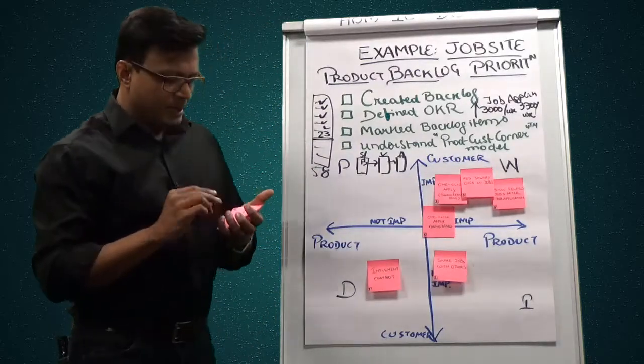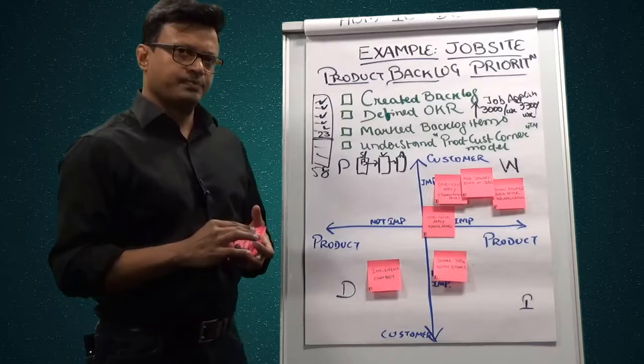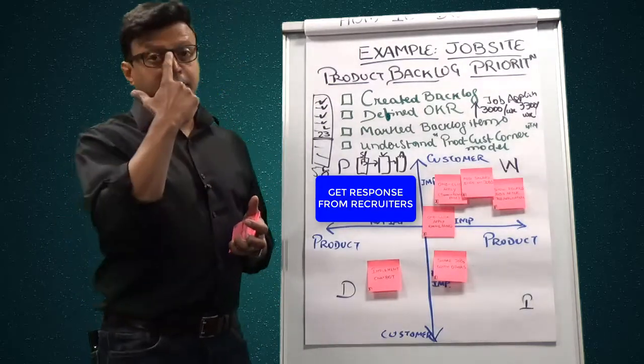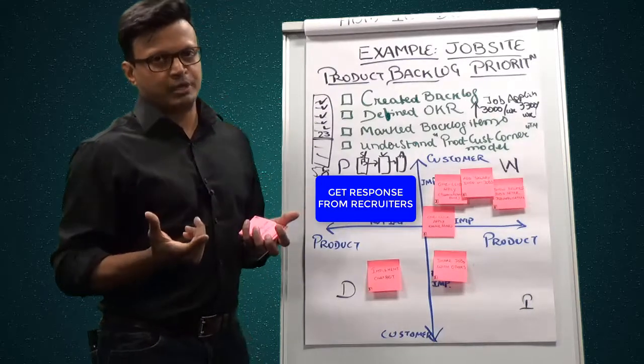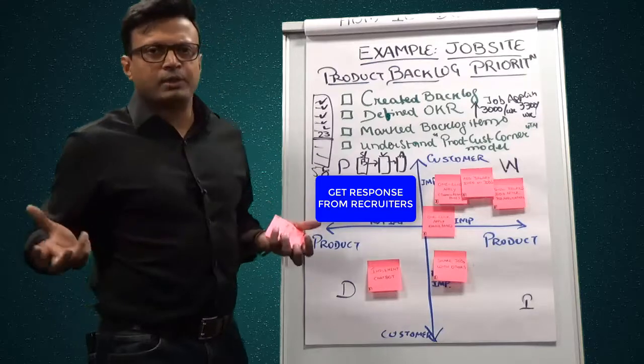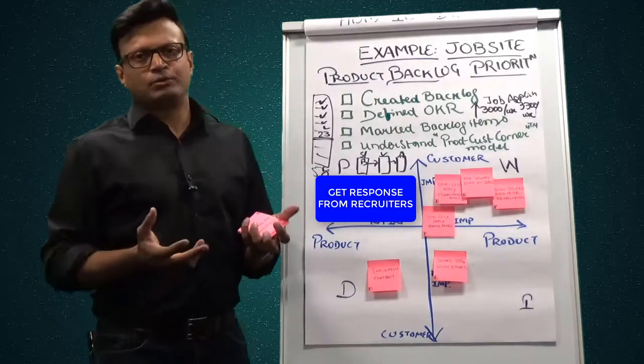The next one is get response from the recruiters. Now this is a complaint which the job seekers often make, that they do not get a response from the recruiters. They keep on applying, 10, 20, 30 job applications, but they don't hear back as to what happened to that application.